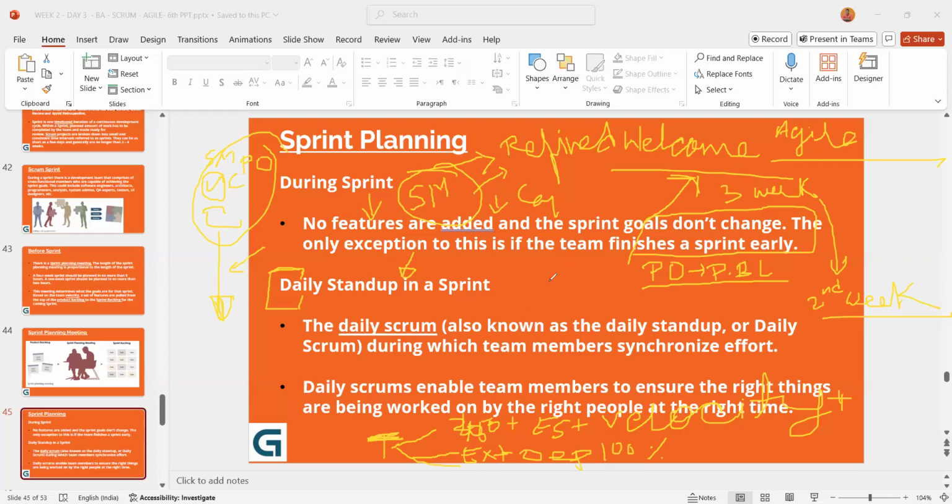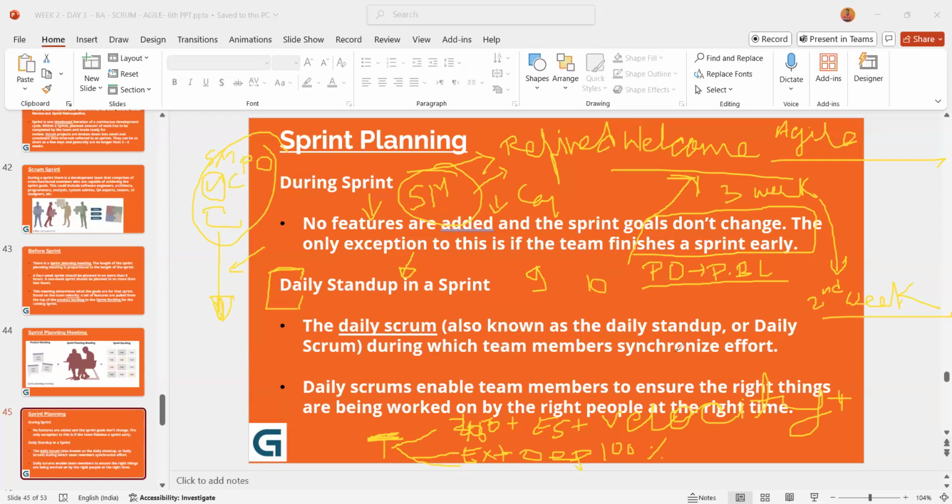Say, for example, this is a team of 9 people. Agile says that it has to be 10 or less than 10, but it doesn't mean that it cannot go beyond 10. Definitely it can go beyond 10.